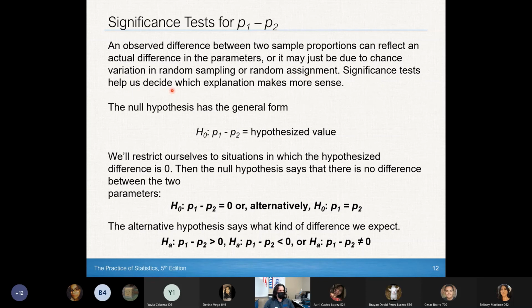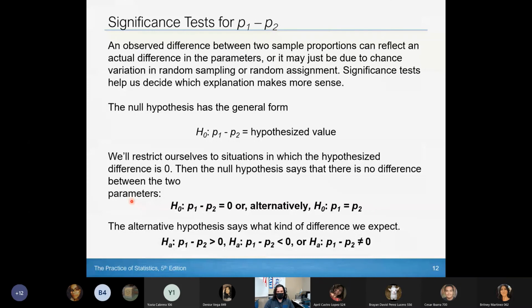Significance tests help us decide which explanation makes more sense. The null hypothesis has the general form H0: P1 minus P2 equals the hypothesized value. We'll restrict ourselves to situations in which the hypothesized difference is 0. Then the null hypothesis says that there is no difference between the two parameters.